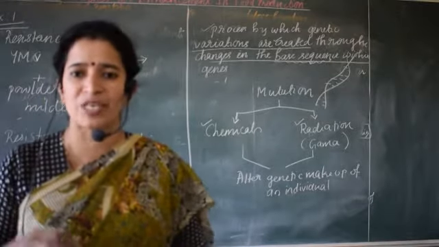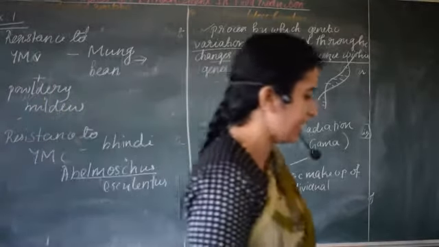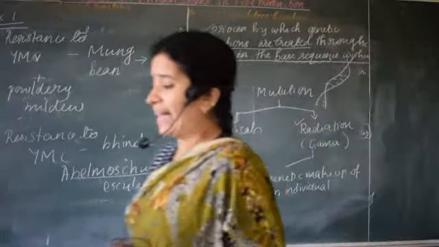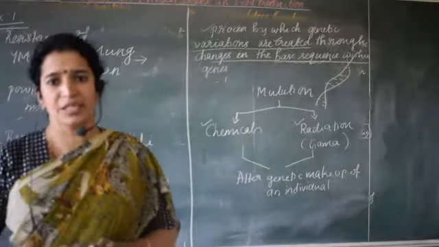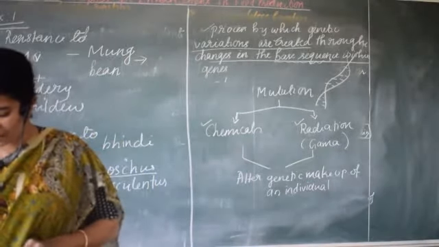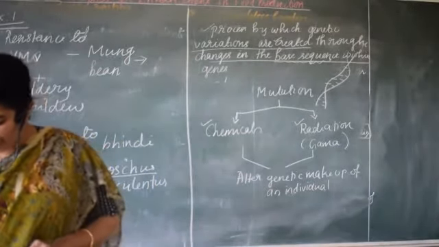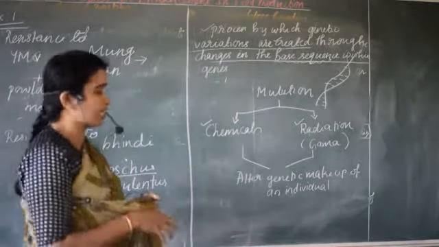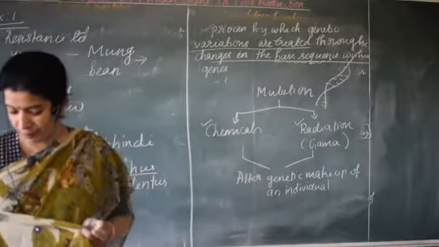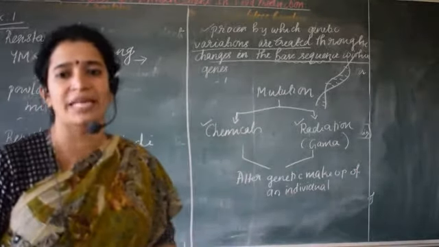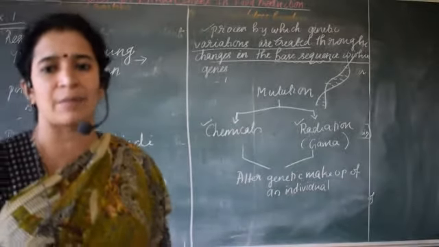See, apart from the plants which we are growing in our crop field, the wild varieties show more disease resistant capacity. So by the process of this mutation, we could also introduce such resistant genes in the cultivated species. That's how we could develop high yielding varieties in some plants.